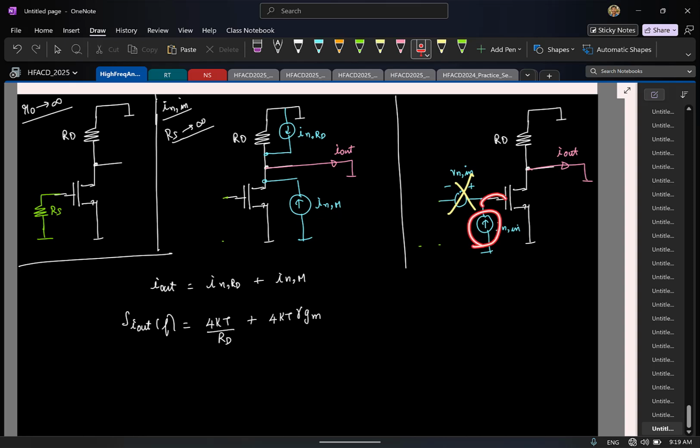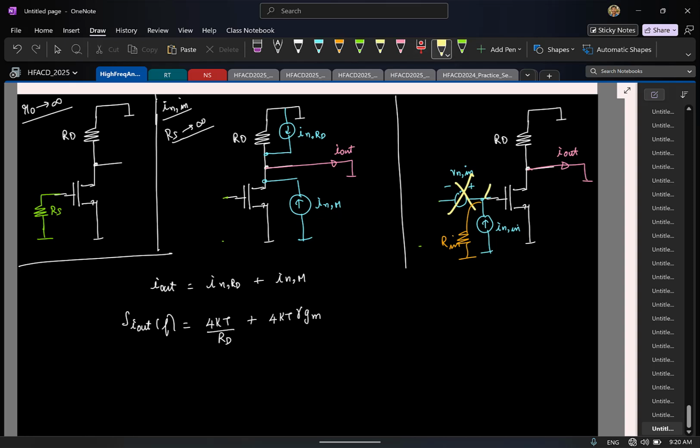If you are not comfortable with limiting cases, the simplest thing is to assume that you have some Rn here. My Rn is ideally infinity. Let's start with Rn and we'll tend Rn to infinity. If the input resistance is Rn, what will be the gate voltage? I times Rn. If Rn tends to infinity, what will happen to the gate voltage?